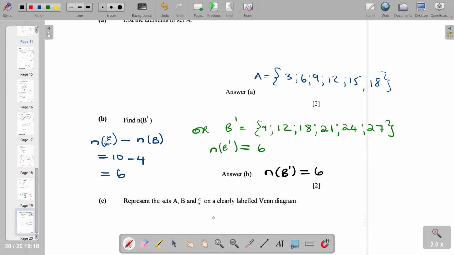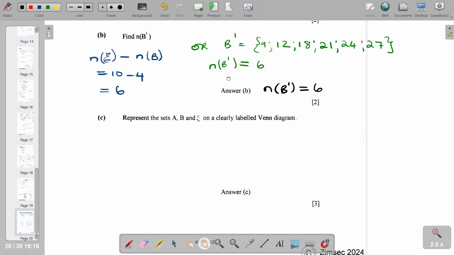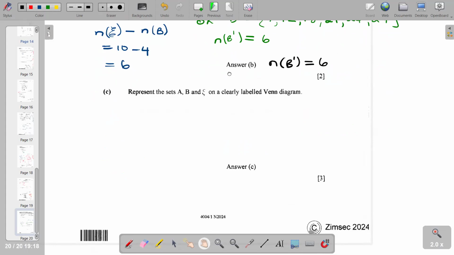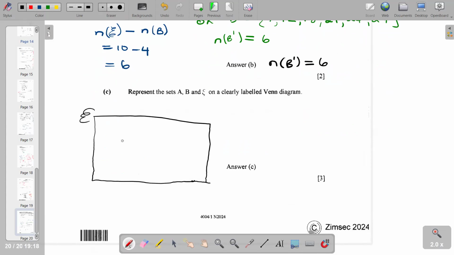Then lastly, you are required to represent A, B, and the mother set on a clearly labeled Venn diagram. So we are going to put our mother set here. That's our mother set. Label it. Then we are going to have set A and set B, which are intersecting.